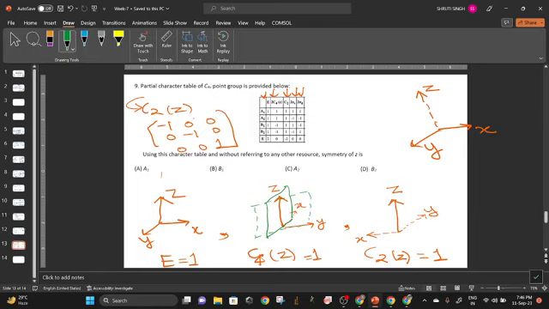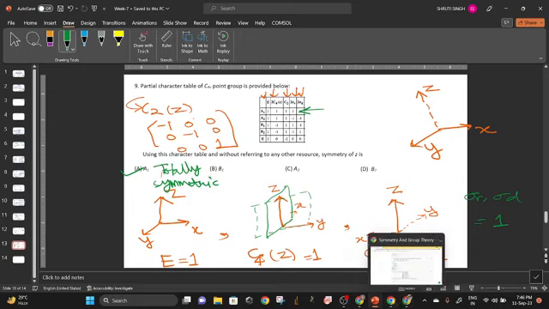Since these planes contain z, there will be no change for z. So for sigma v and sigma d as well, the character will be 1. So we see all the characters are 1, meaning it belongs to the first irreducible representation, A1, the totally symmetric representation. Okay, did you guys understand?